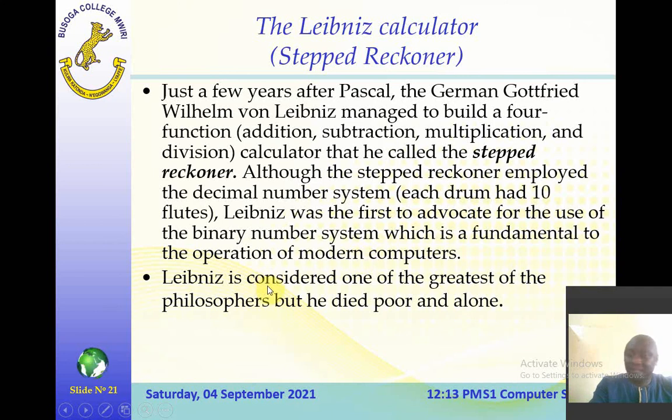By the way, he is considered one of the greatest of the philosophers, but very unfortunately, he died a very poor person, and he died alone, having had a son who actually helped to do most of the things, but he died after coming up with a calculator that would add, subtract, multiply, and divide.